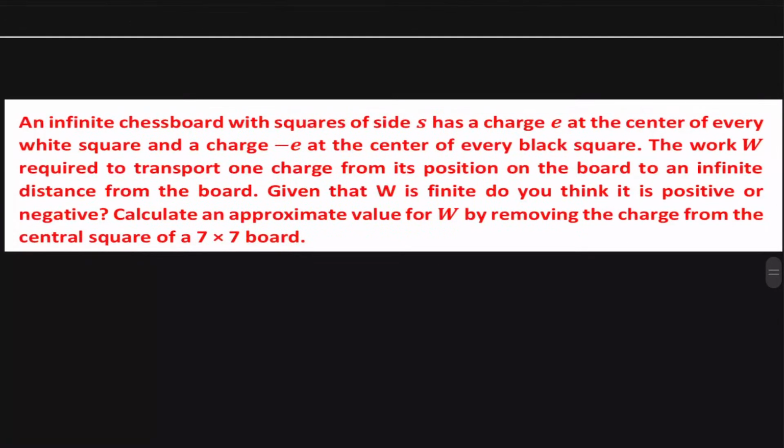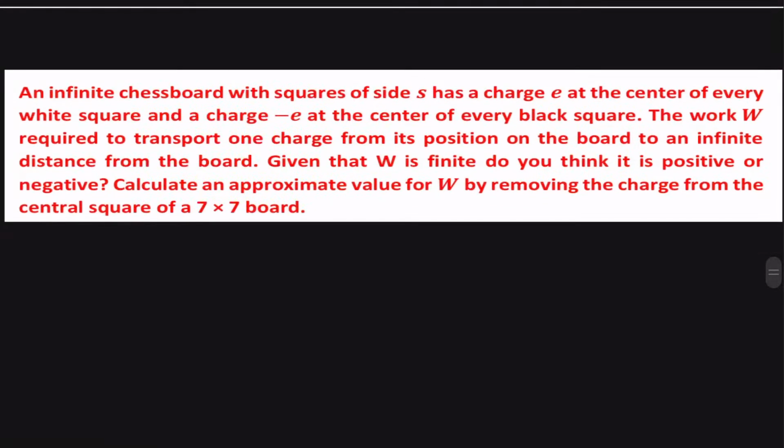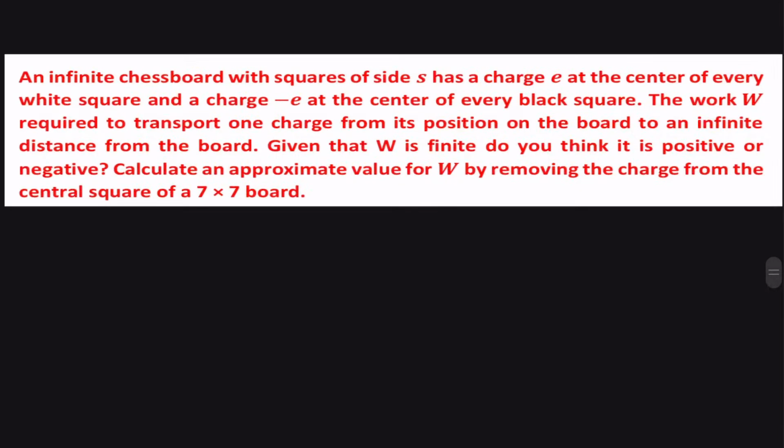Next question. And in this case it states that an infinite chessboard with squares of side s has a charge plus e at the center of every white square and a charge of minus e at the center of every black square.